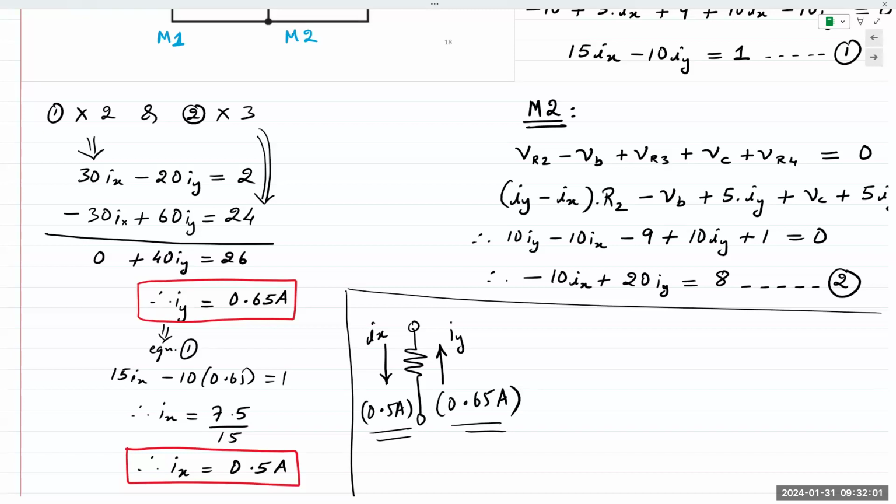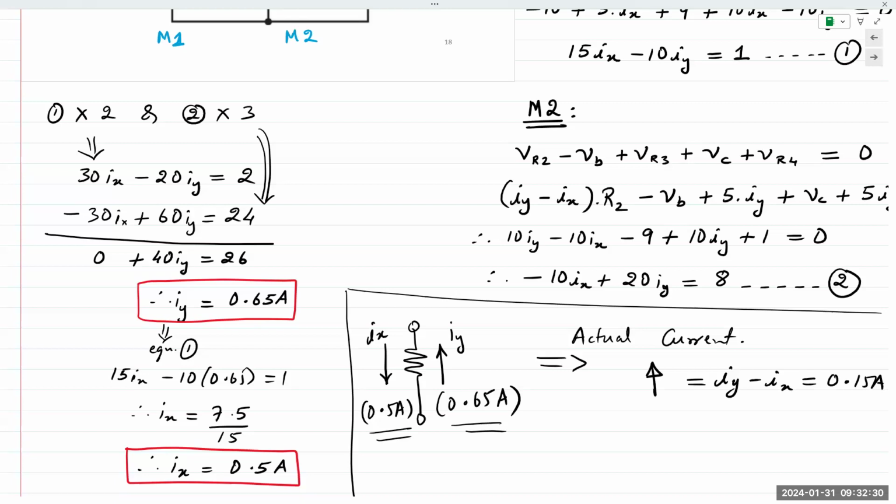And so the current is actually flowing in the upwards direction. And the value is simply the difference of the two, so it would be Iy minus Ix, which is 0.15 amps.